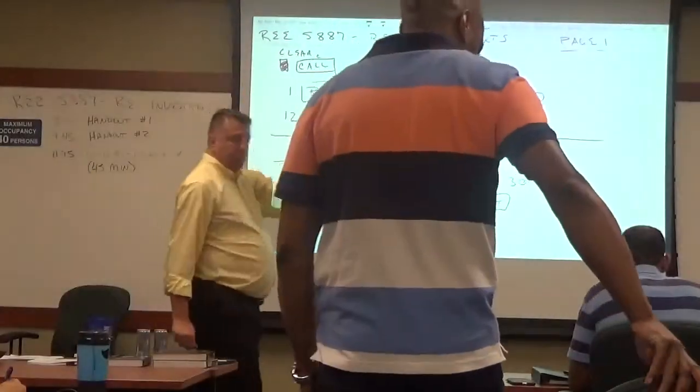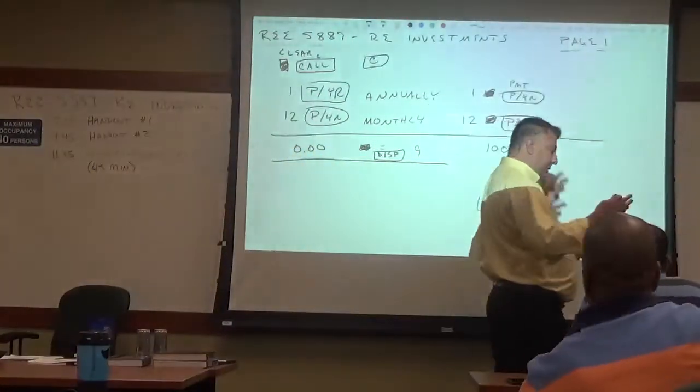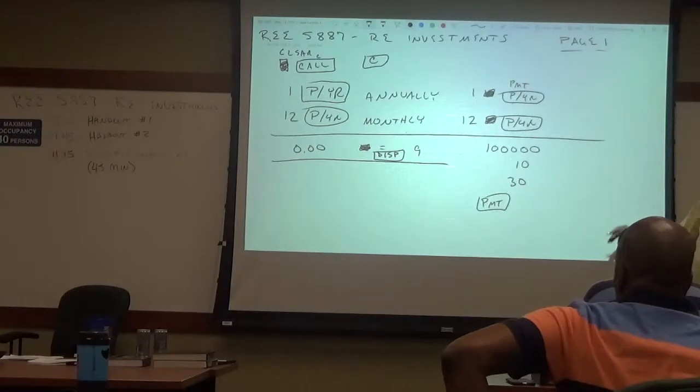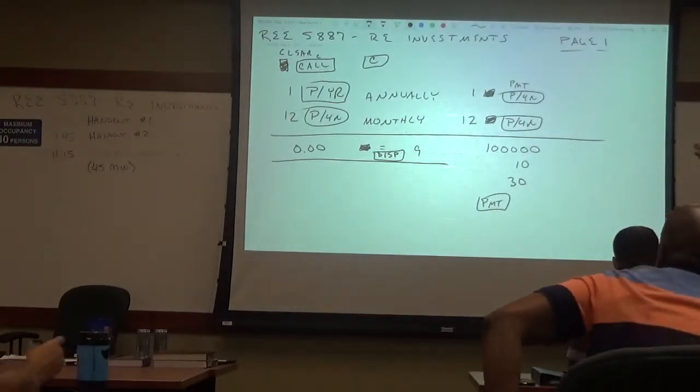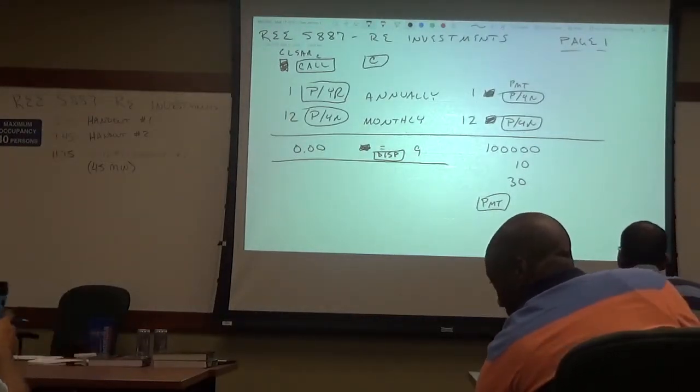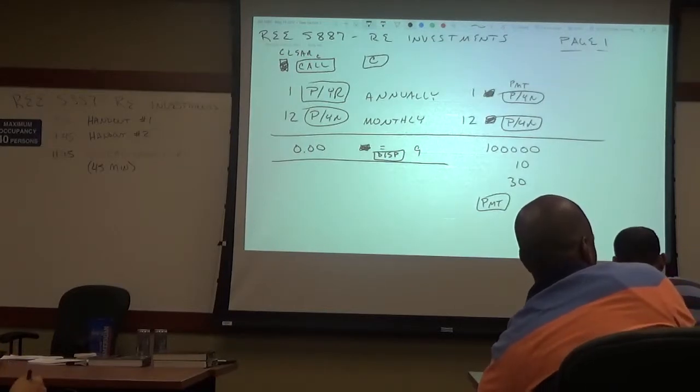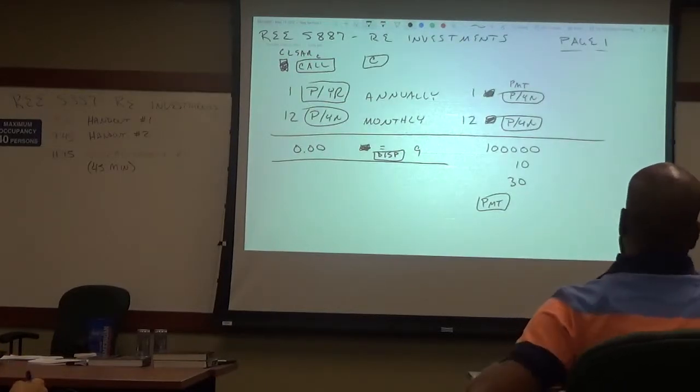Now, obviously you should have looked through the materials and you may know how to already do this, but I'm going to walk you through the steps. First of all, the first question you should ask is what? Monthly or annual?